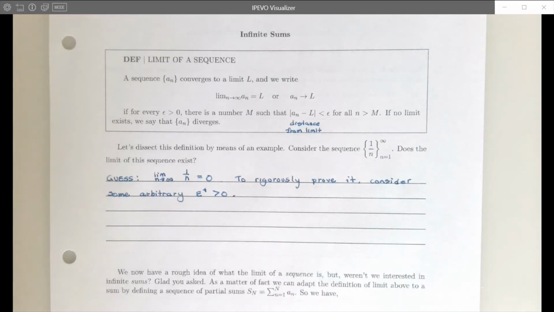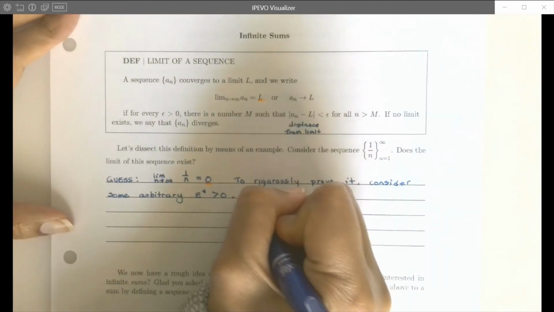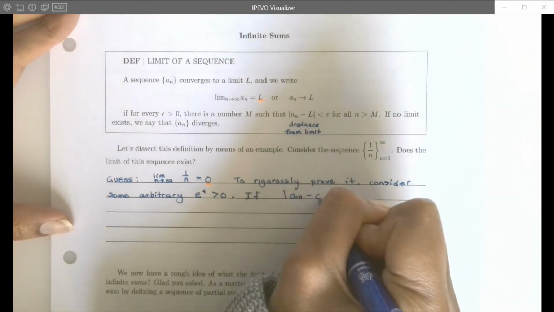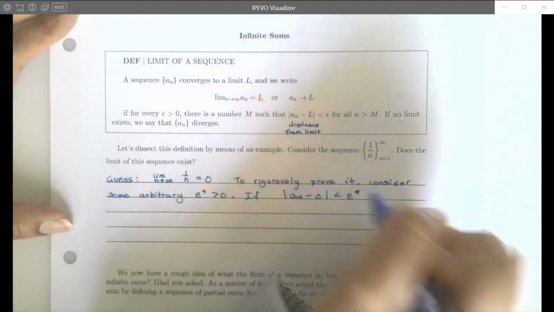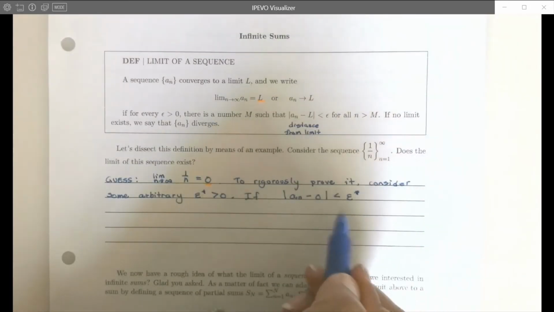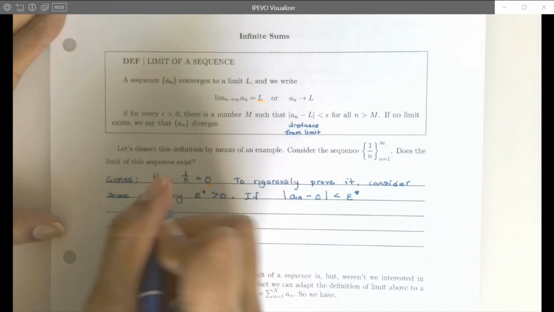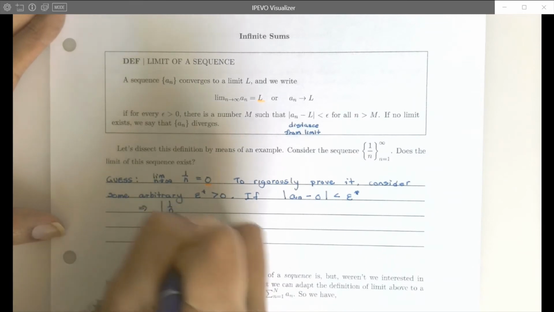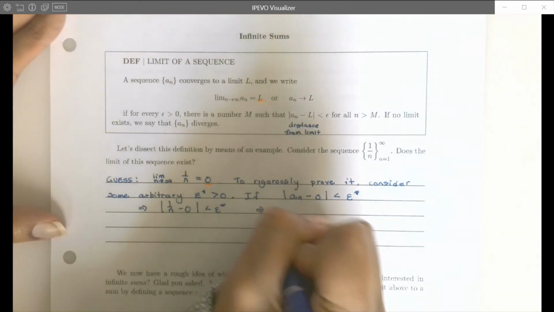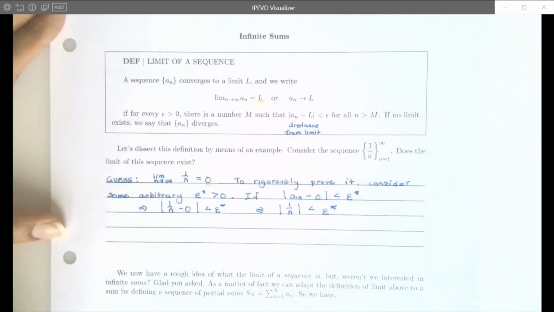In this case, the limit is 0. So if we consider the distance a sub n minus 0 being less than epsilon, strictly less in this case, then we get that 1 over n minus 0 is less than epsilon, which means the absolute value of 1 over n will be less than epsilon star.